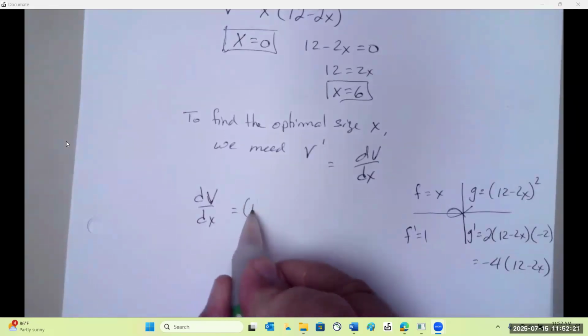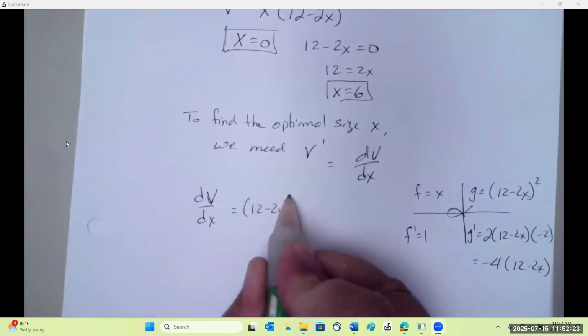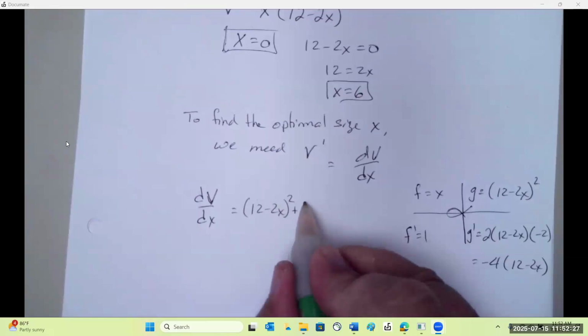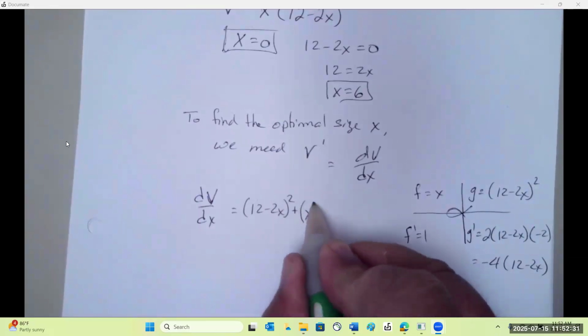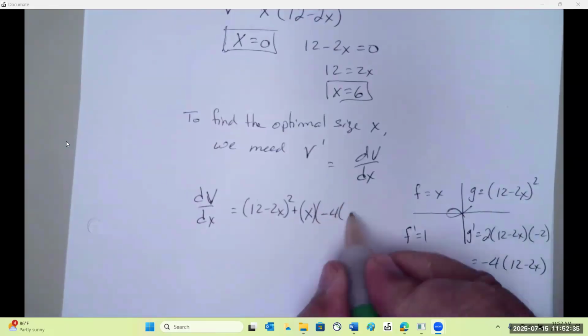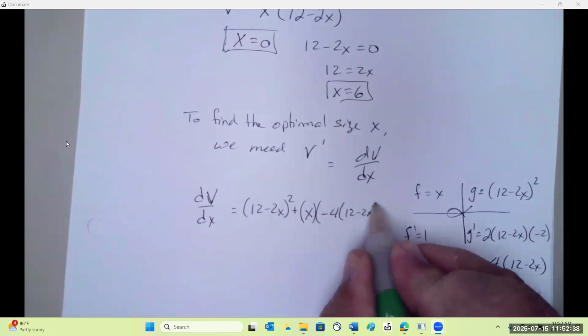So we get 12 minus 2x squared plus x times negative 4 times 12 minus 2x.